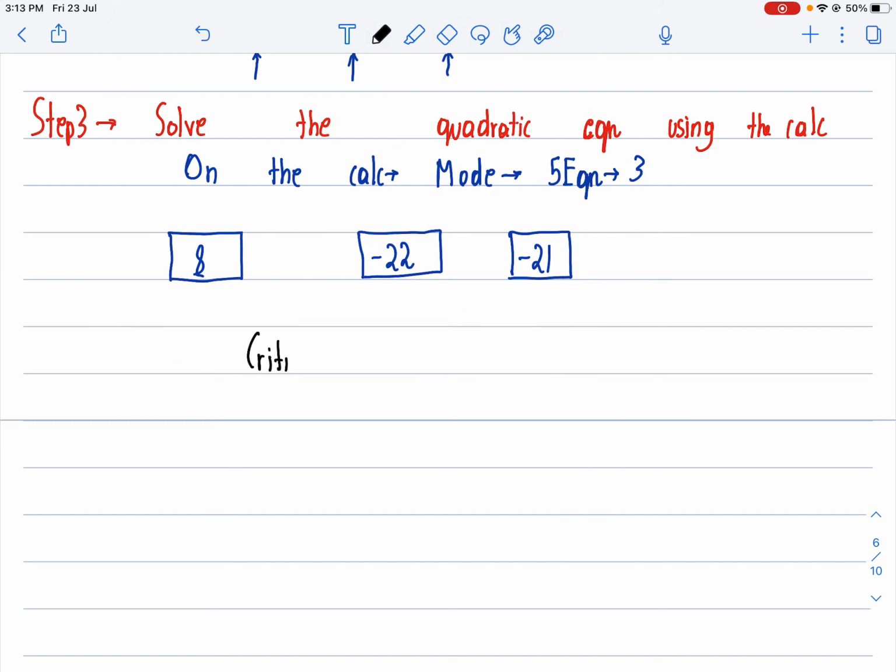You get x equals 7 over 2 and x equals minus 3 over 4. These are critical values because these are equal to. But as you know, you have a modulus inequality, so you need to determine the signs, which is step 4. So I'll move on to step 4.